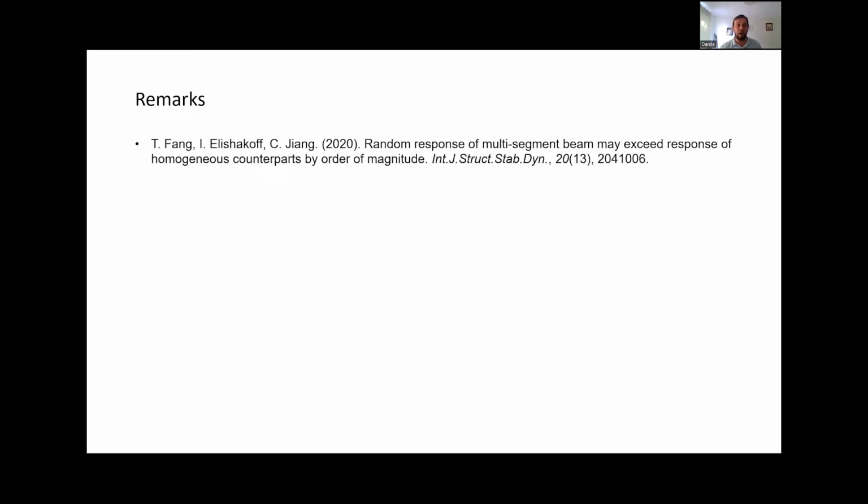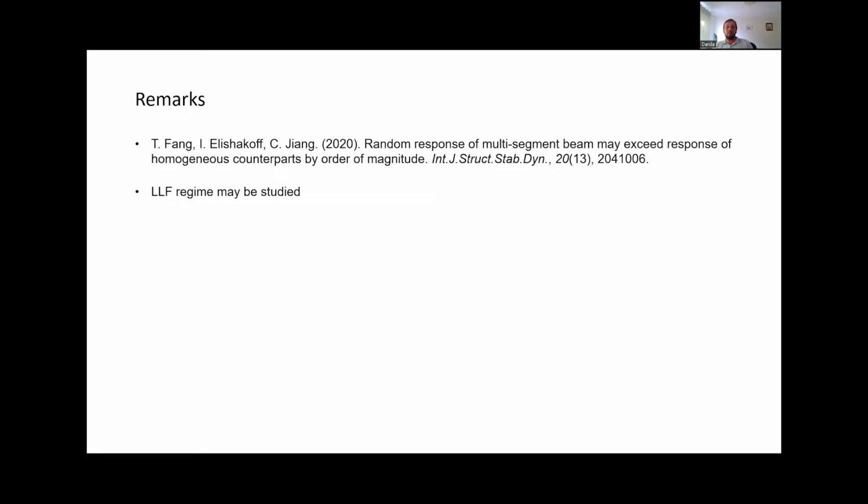Okay, so a few remarks about beams now. Our colleagues have developed the approach to take on board the possibility of random vibrations in beams, so it has been extended further.